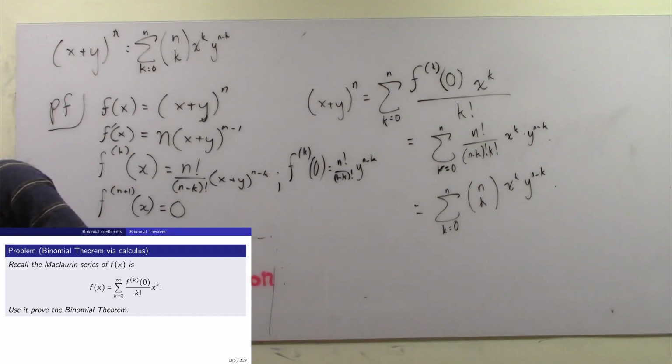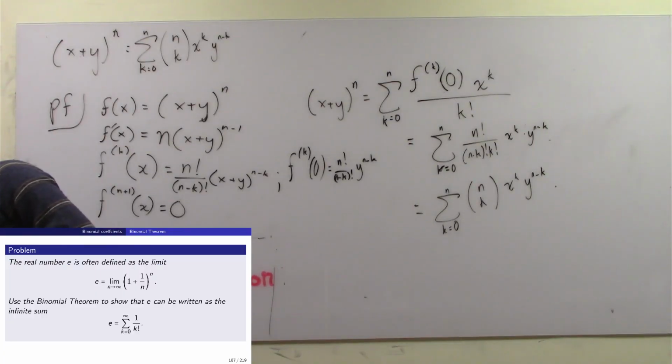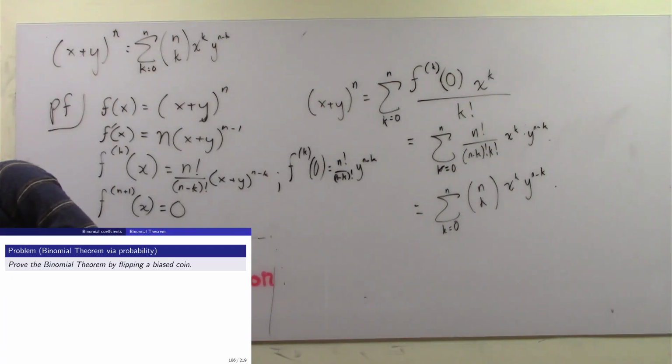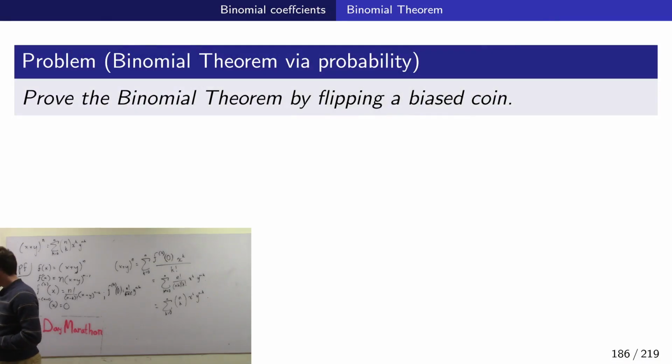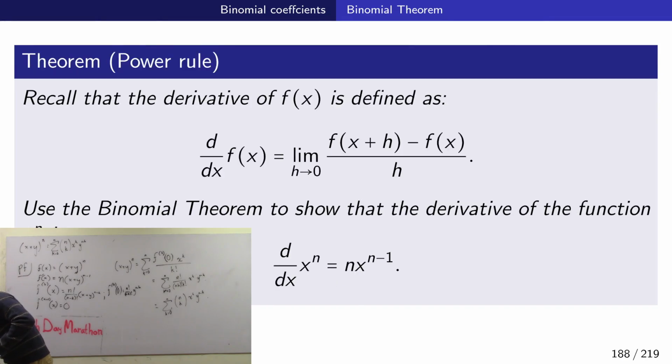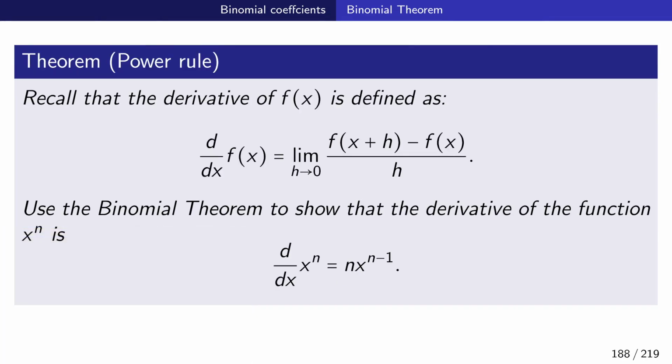Okay, let's do 1 or 2 more problems. Actually, I want to do this one, just in case we can't do any more. Probably should have done this one before, because this is actually used in this problem here.